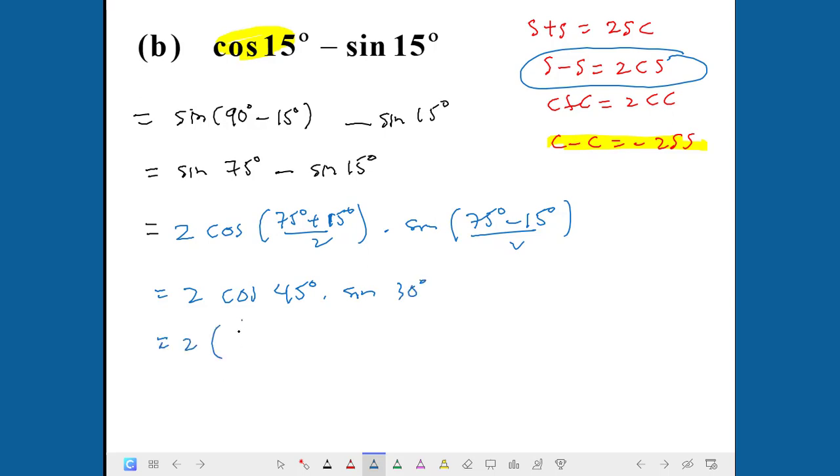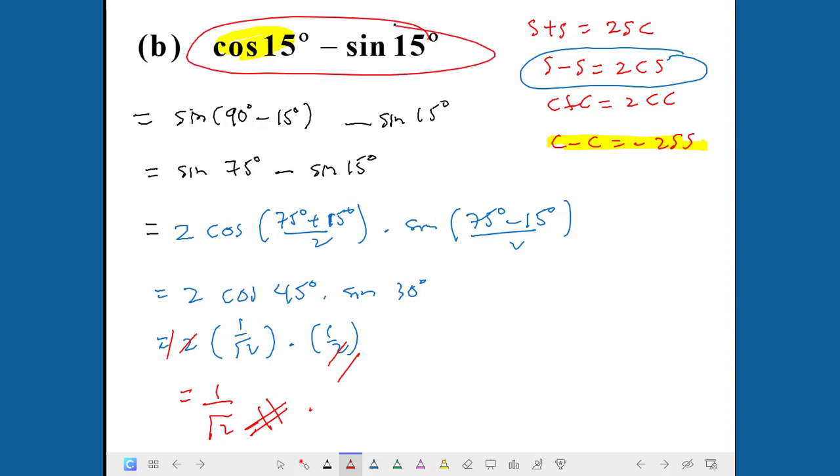So here is 1 over sec 2, and sine 30 is equal to half. Then cancel, and it is equal to 1 over sec 2. Done. So you have two methods to show cos 15 degrees minus sine 15 degrees is equal to 1 over sec 2. Done, settled.